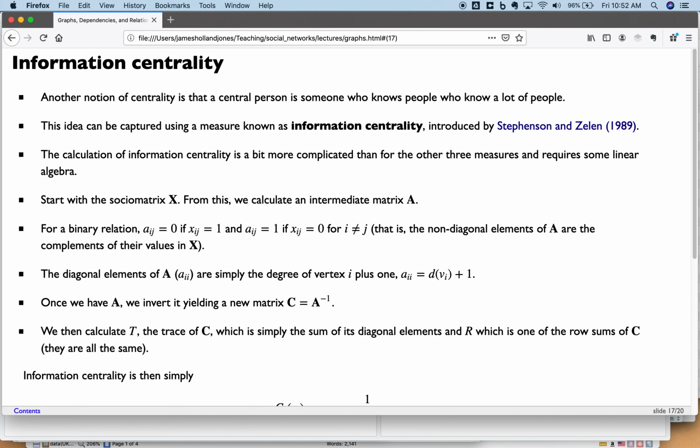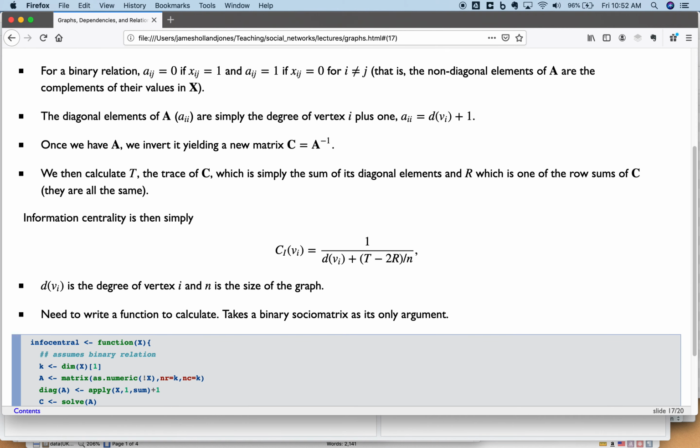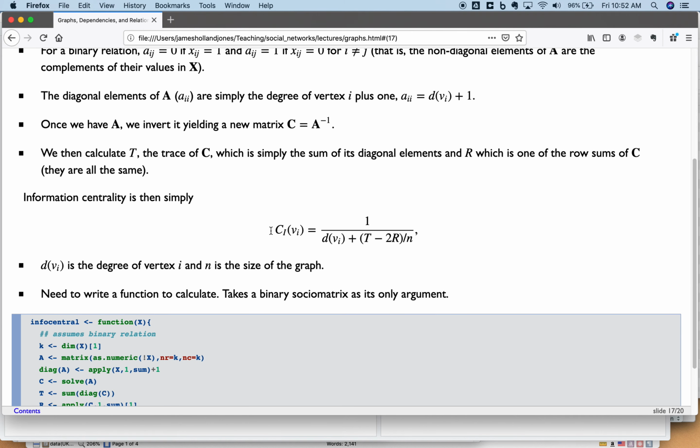and vice versa. Once we've calculated A, we invert it to yield a new matrix C. We calculate T, the trace of C, which is simply the sum of its diagonal elements, and R, which is a row sum of C. All the row sums will be the same for C. With those things all together, we have a formula here for information centrality.